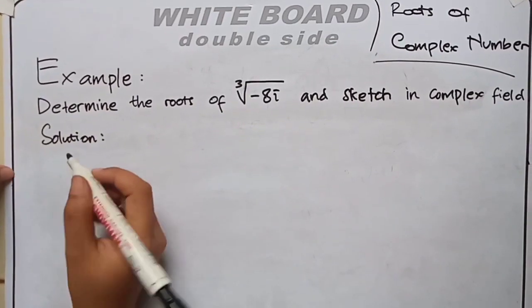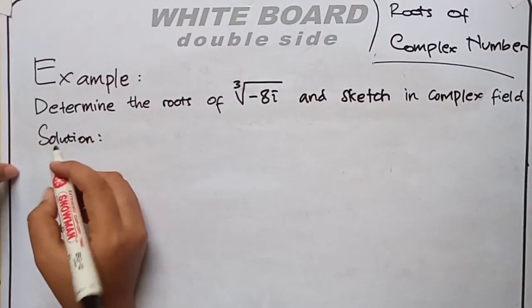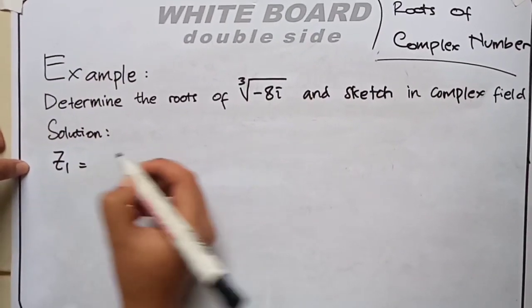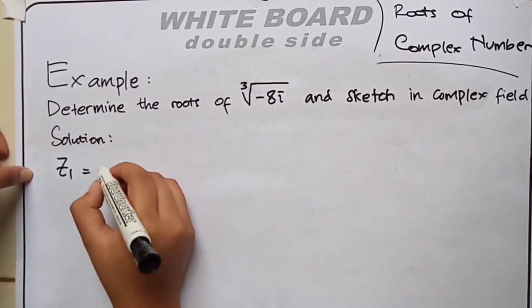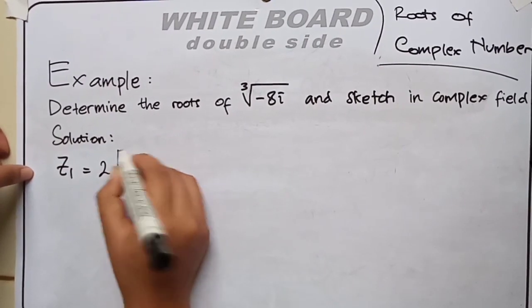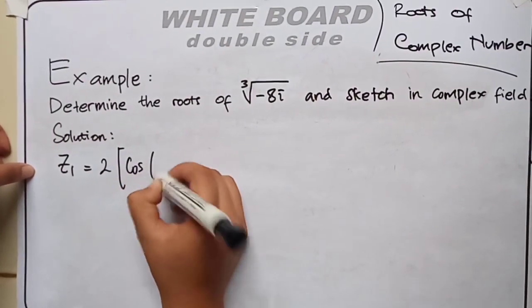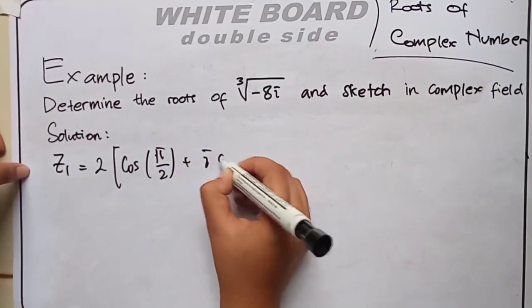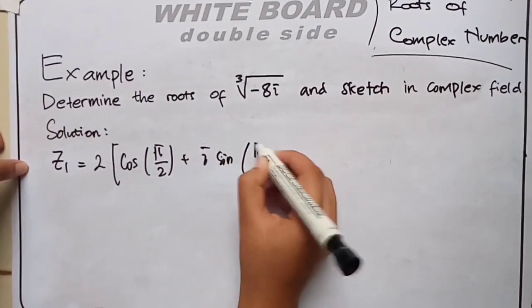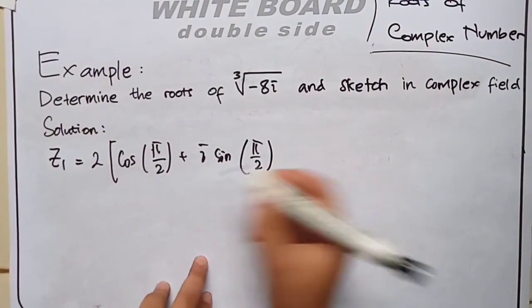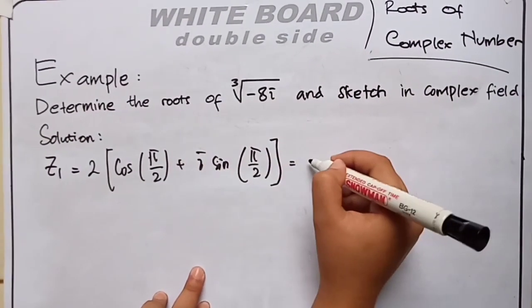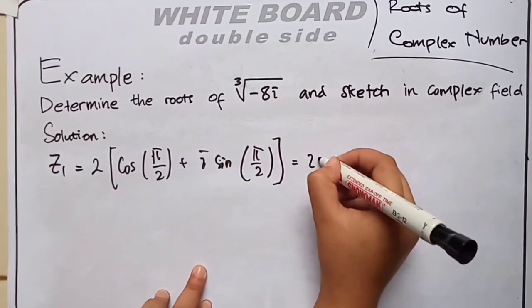And then we do the same thing for k equal to 1 and k equal to 2. For c1, we will get the value 2 cosine pi over 2 plus i sine pi over 2. And we change it into rectangular form, we will get it equal to 2i.